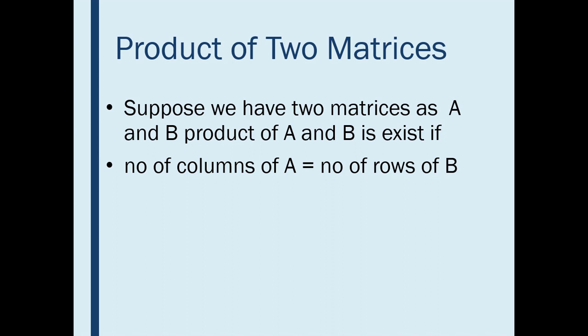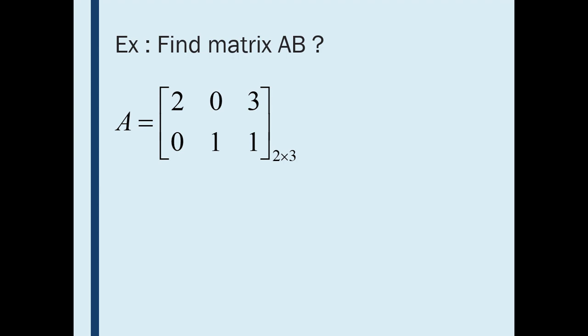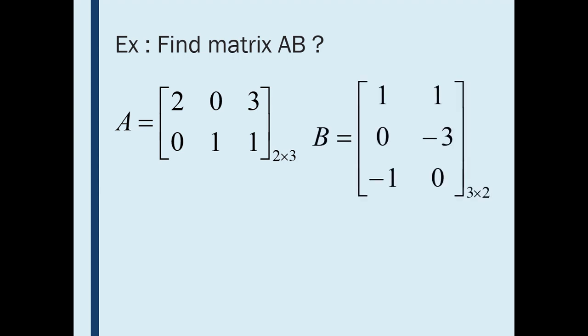But to multiply a matrix by another matrix, we need to do the dot product of rows and columns. What does that mean? Consider the example given here, matrix A and matrix B. It is required to get the product of matrices A and B, denoted AB. First, check whether the two matrices satisfy the condition.